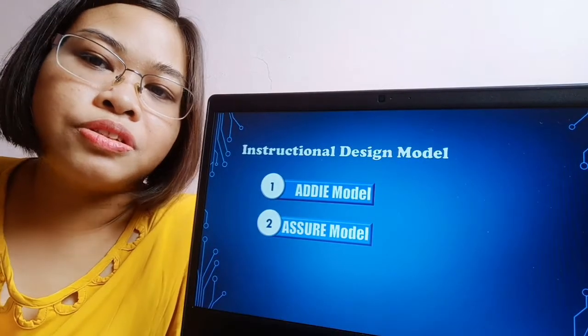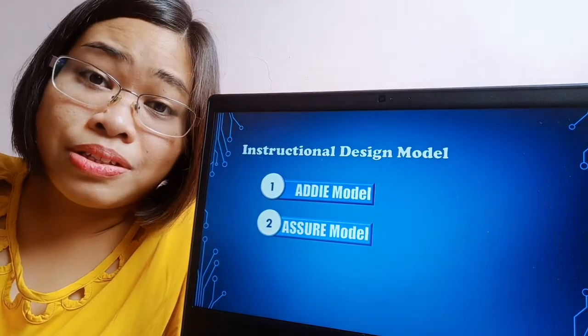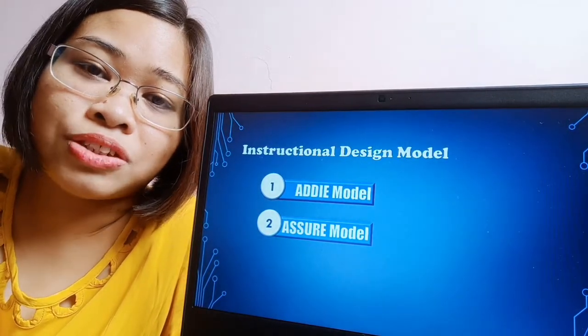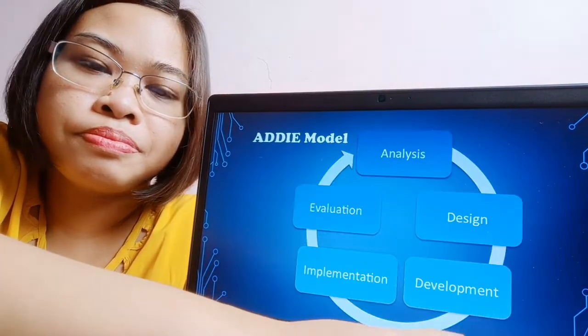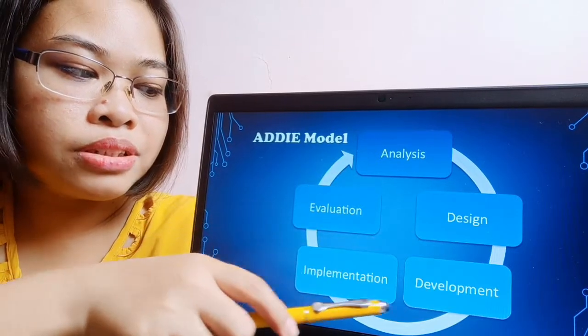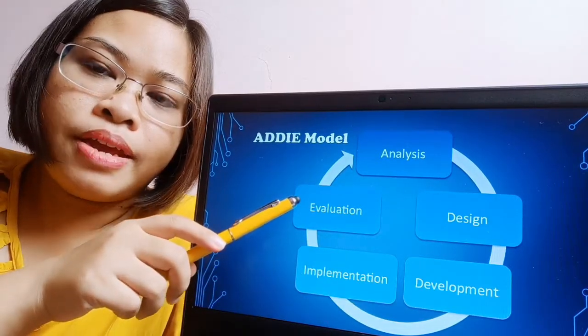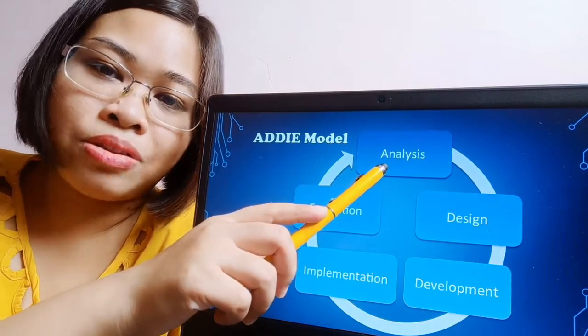There are two instructional design models which we might consider in choosing instructional methodology. Number one is the ADDIE model, which stands for Analysis, Design, Development, Implementation, and Evaluation. The first phase is the analysis, which focuses on the target audience.